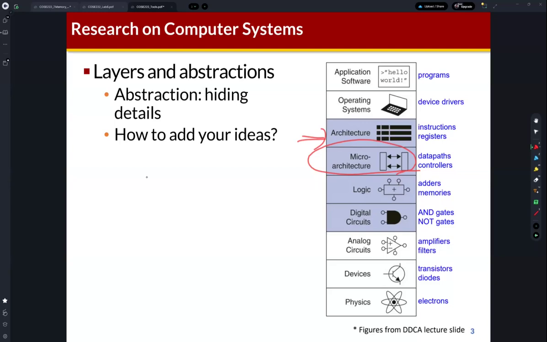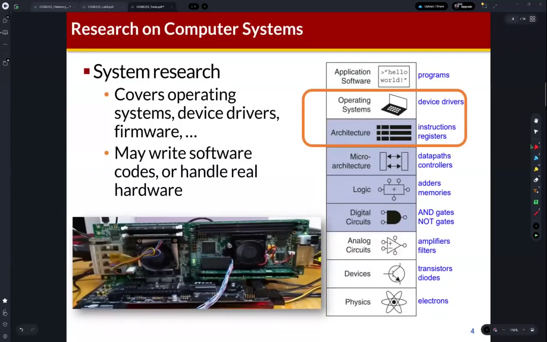Then for research, how can we do our research in the computer architecture area?